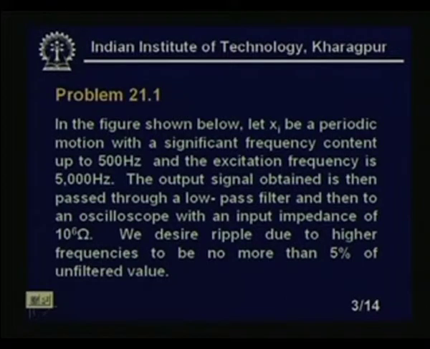The output signal obtained is then passed through a low pass filter and then to an oscilloscope with an input impedance of 10 to the power 6 ohm. Just for the sake of problem solving, usually the input impedances are slightly more, even 10 mega ohm or more, but in this case we have taken 1 mega ohm. We desire the ripple due to higher frequencies to be no more than 5% of the unfiltered value.